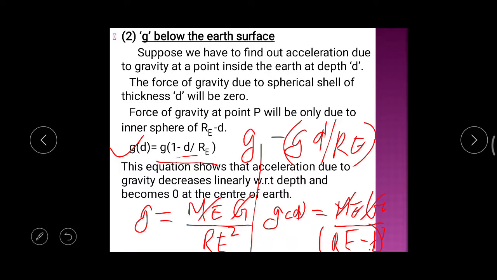So gravitational acceleration inside the earth at any depth will always be less than the acceleration value at the surface of the earth.